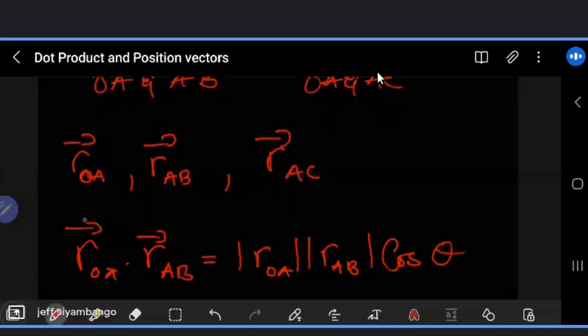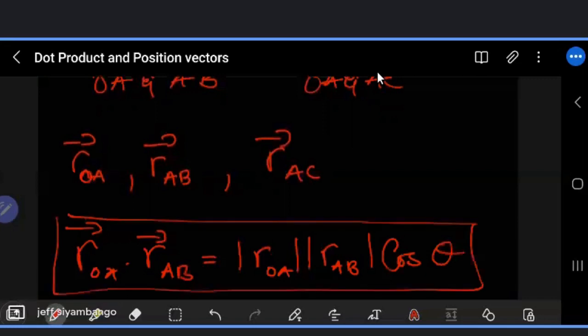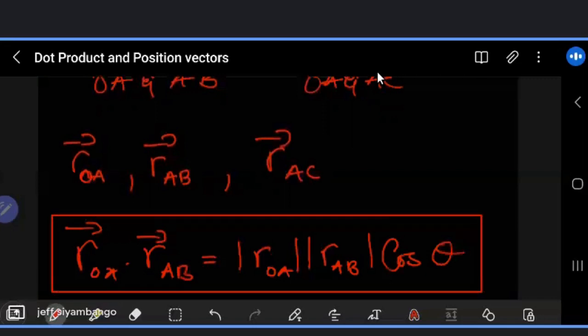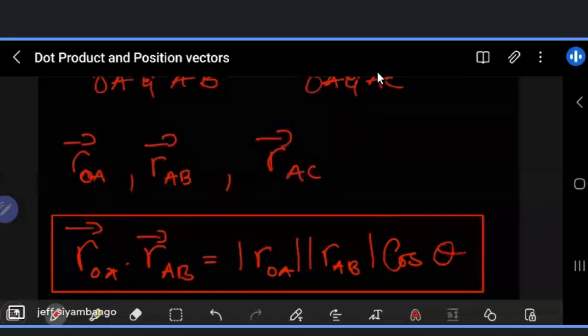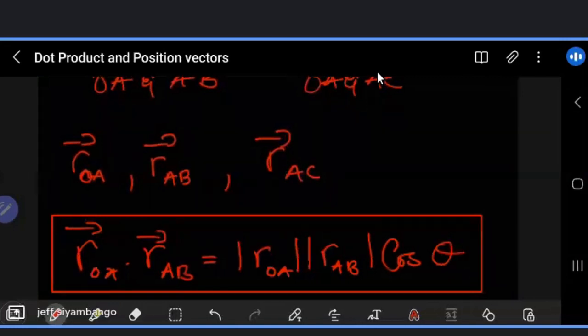You remember this relationship. I think we looked at it in some examples back. So this is one other property of dot product. We sort of say you can use it to find a component. Now we're seeing how we can use dot product to find an angle between two vectors.